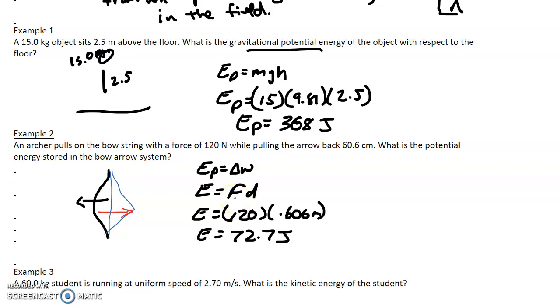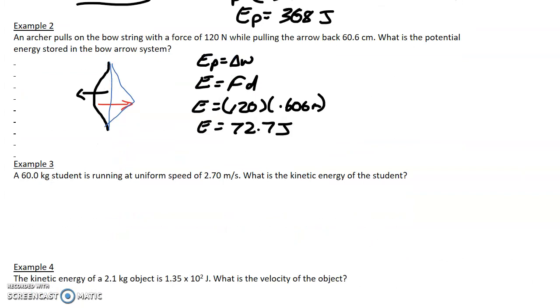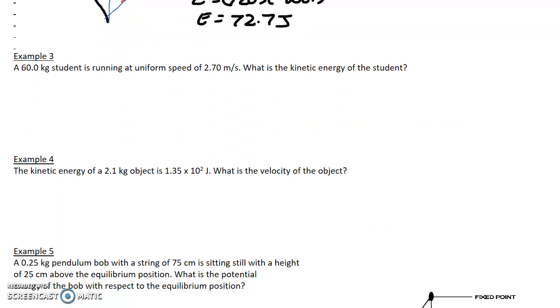Okay, let's take a look at our third example here. Now, in this case, we've got a student who is running at uniform speed, and so the energy being stored here is due to the motion of the student, not due to the student's position.